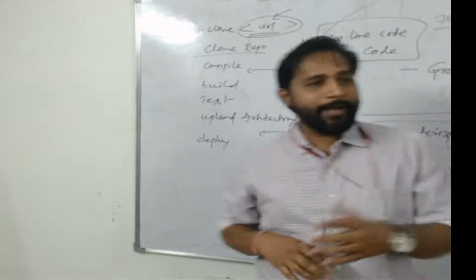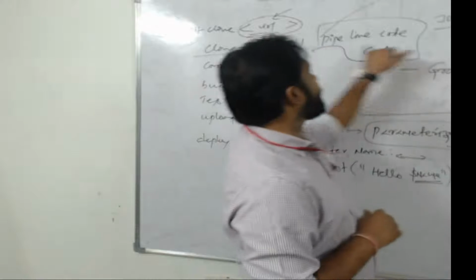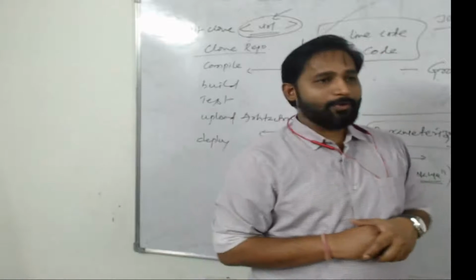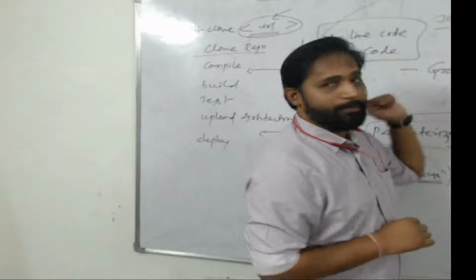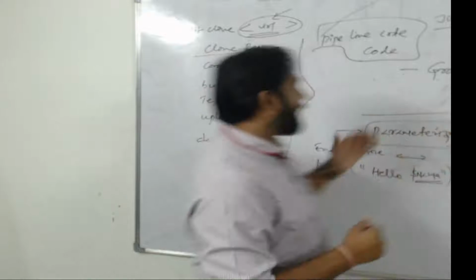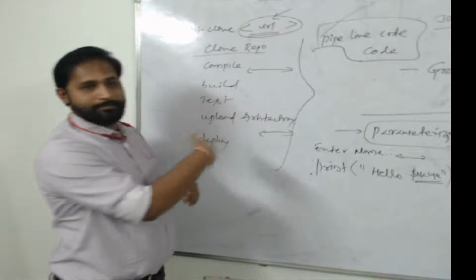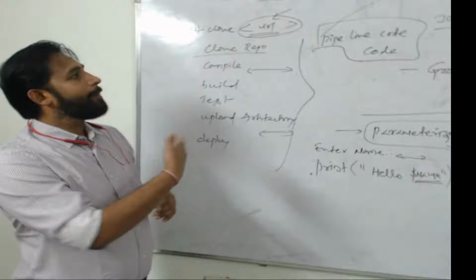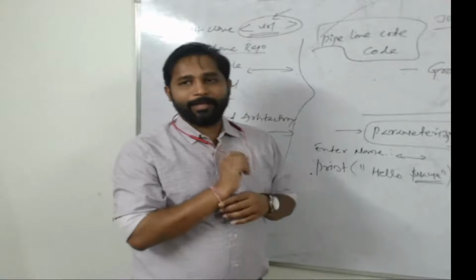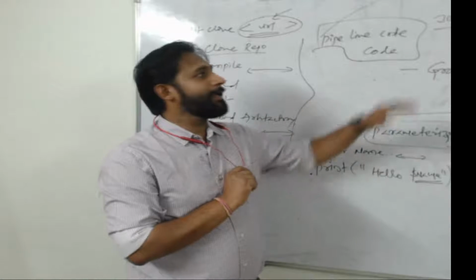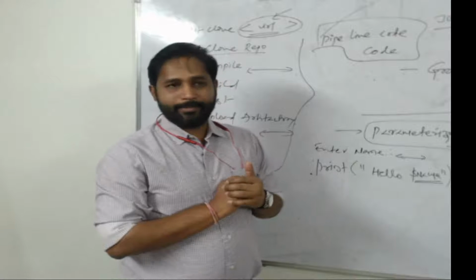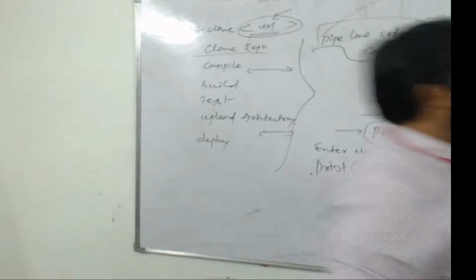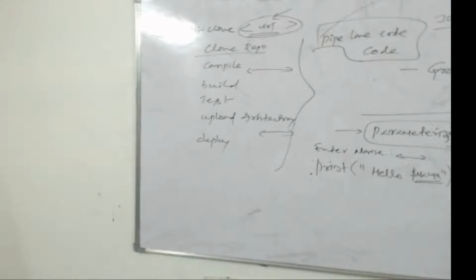Now we want to automate that part, so we moved to pipeline as code. So you have pipeline jobs. Again, the same sequence of steps, nothing is changing, but instead of manually configuring on the interface, you are writing it in a Groovy script. And you will get that nice visibility of the pipeline. You see this thing? People are fascinated by this pipeline.